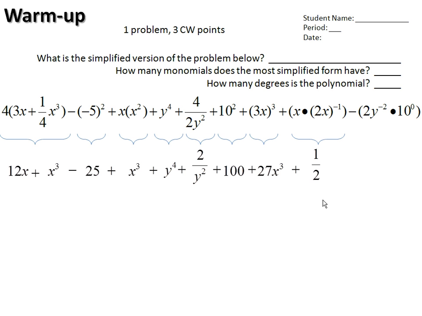Now that was an oddity. This -1 flips the 2x below the line. So we get x divided by 2x. The x's cancel, leaving us 1/2. And then we have 2 over y squared, because the 10 to the 0 power is 1.